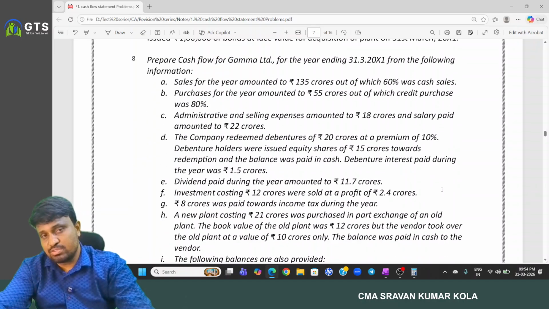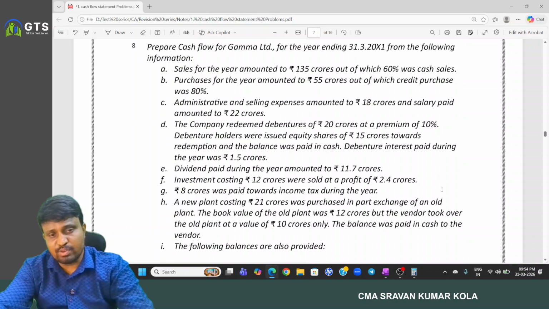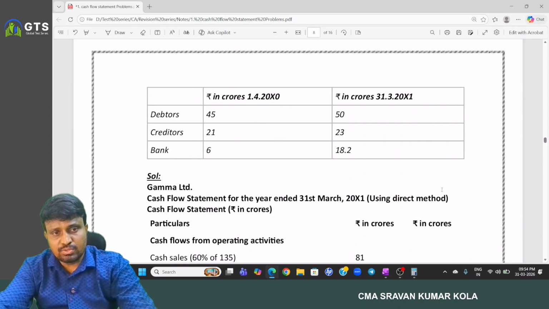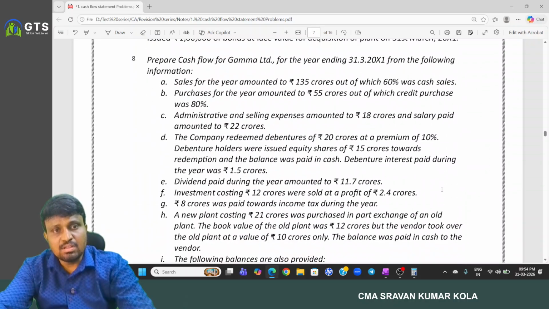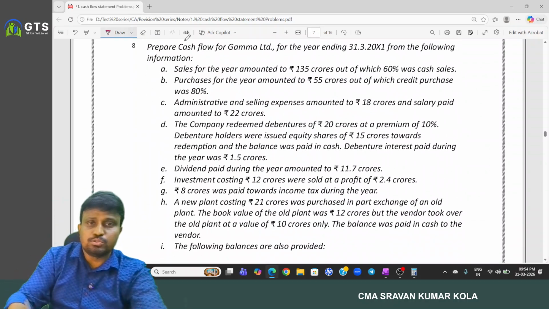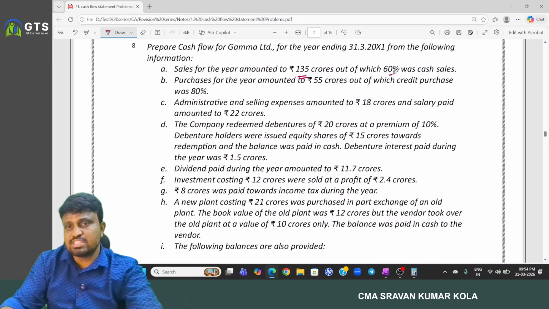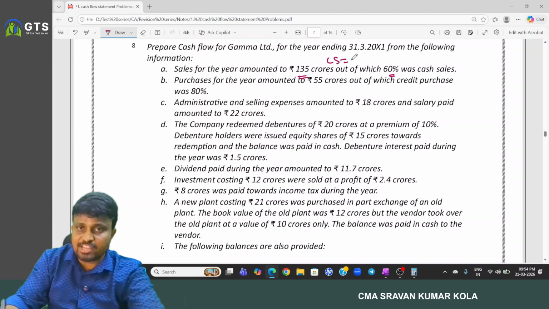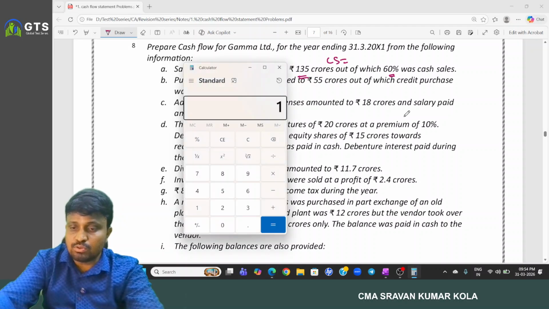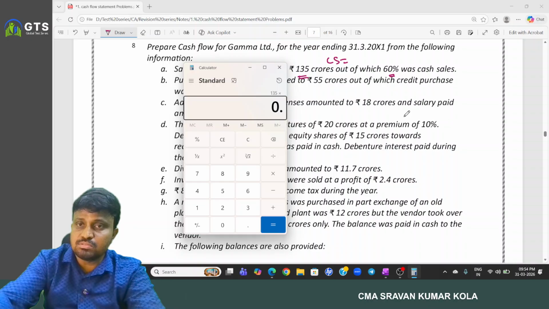And prepare the cash flows of Gamma Limited for the year ended from the following information. Sales for the year amounted to 135 crore, out of which 60% were cash sales. So cash sales are 135 into 60%, 81 crore.